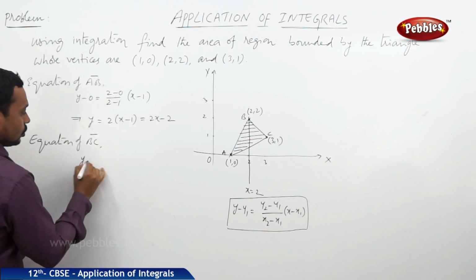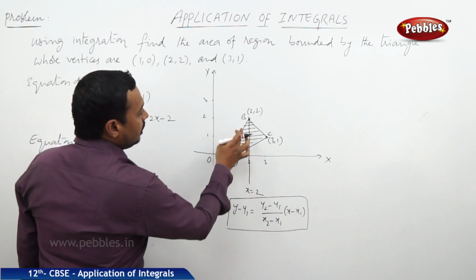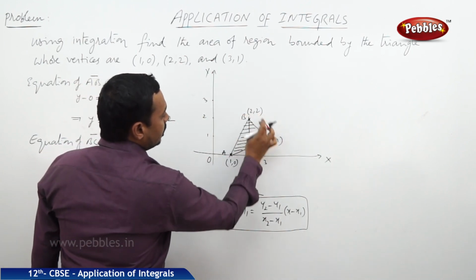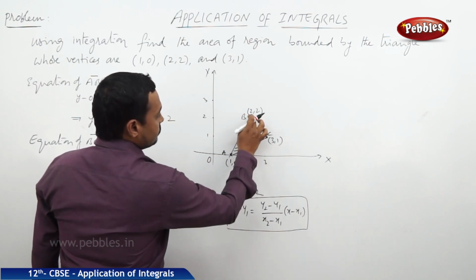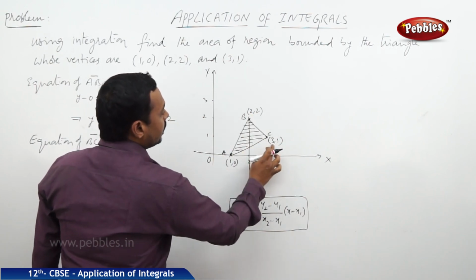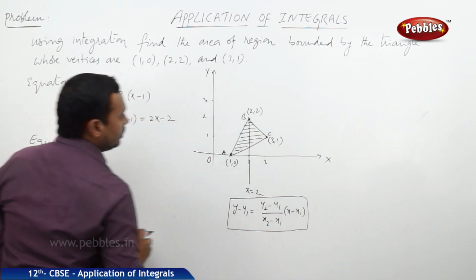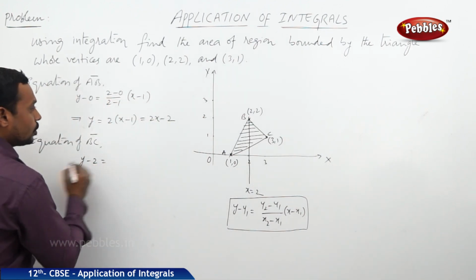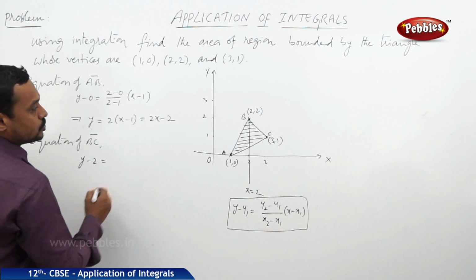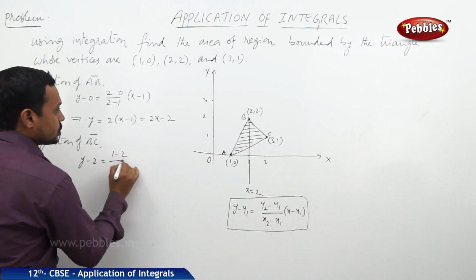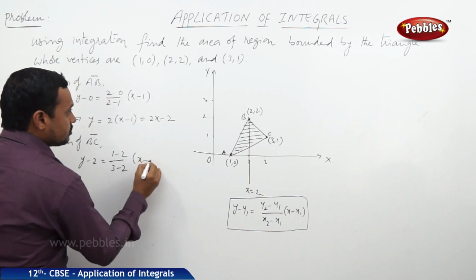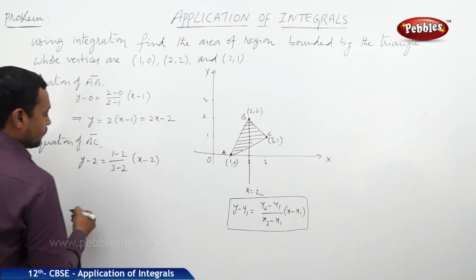Now this is also y minus... the equation that passes through B and C is 2 comma 2, 3 comma 1. Here x1 y1 is equal to 2 comma 2, x2 y2 is equal to 3 comma 1. Now again consider this formula, y minus 2 is equal to 1 minus 2 by 3 minus 2 into x minus 2.